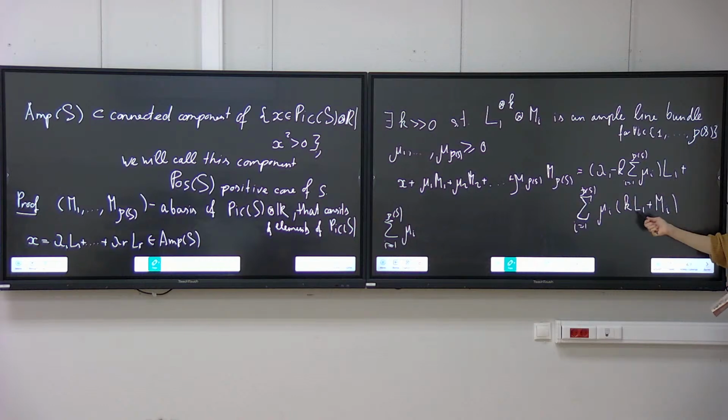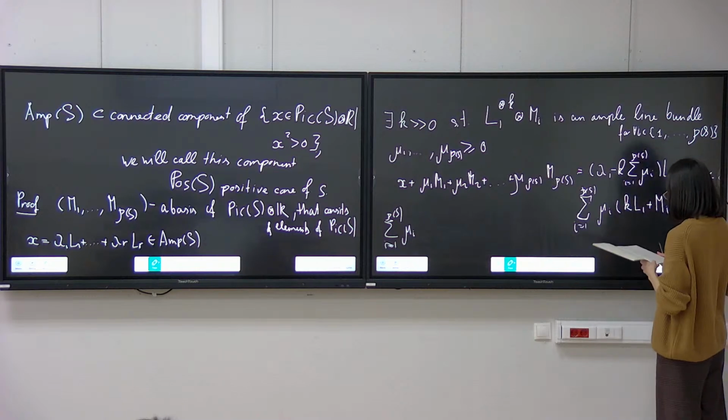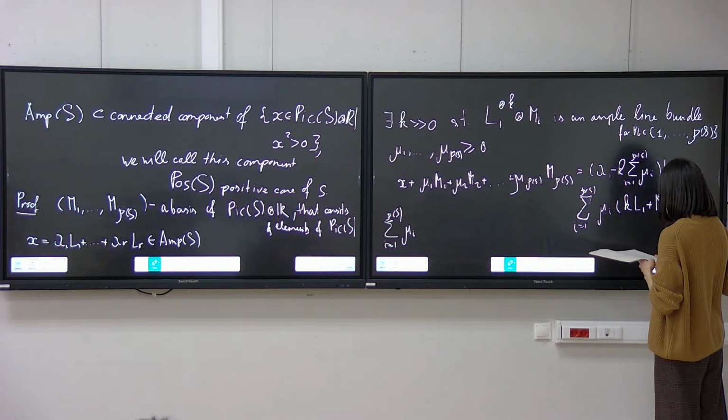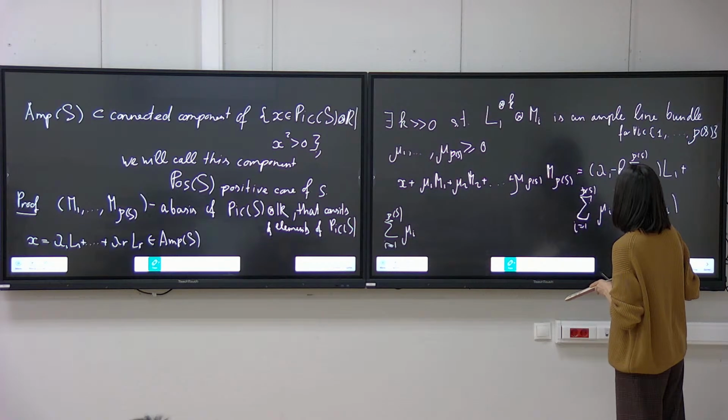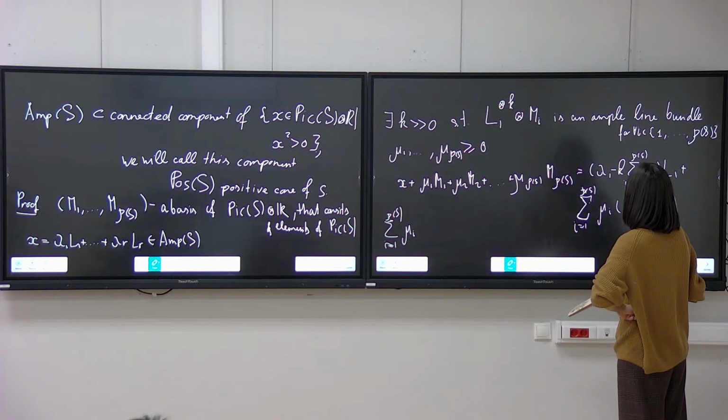So here is just L1, and here is just L1, and then MI. But then where is, for example, R times LR? Yes, we should add also.